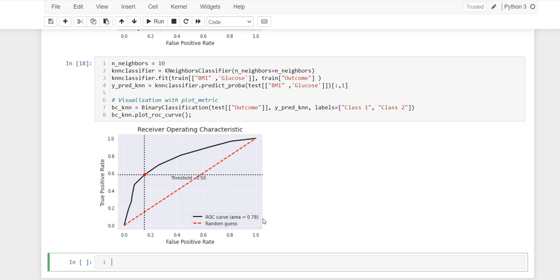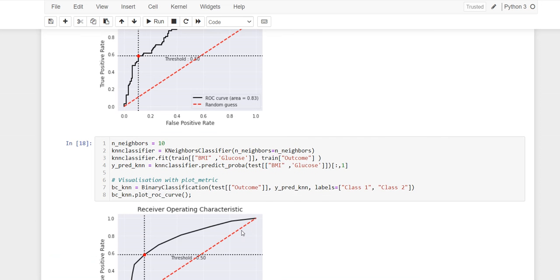Therefore, side by side, the logistic regression model did a little bit better when it comes to ranking a classification model. The nice thing about AUC is that it's classification threshold invariant. It measures the quality of the model's predictions irrespective of what classification threshold is chosen. This is fantastic.